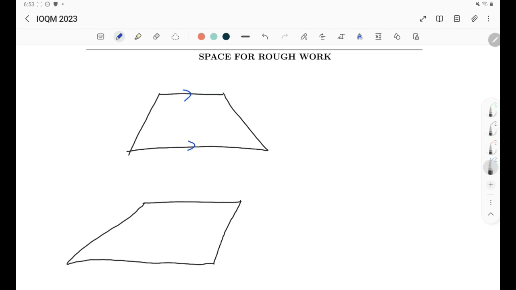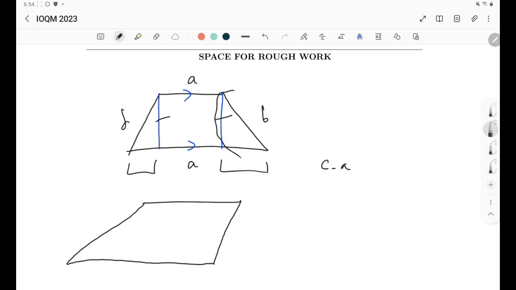So if you drop a projection here, and a projection here, let's call this one A, B. This is going to be A, this is C, and this is D. So right now, this part plus this part is going to be C minus A. This part is equal to this, because this is a rectangle.